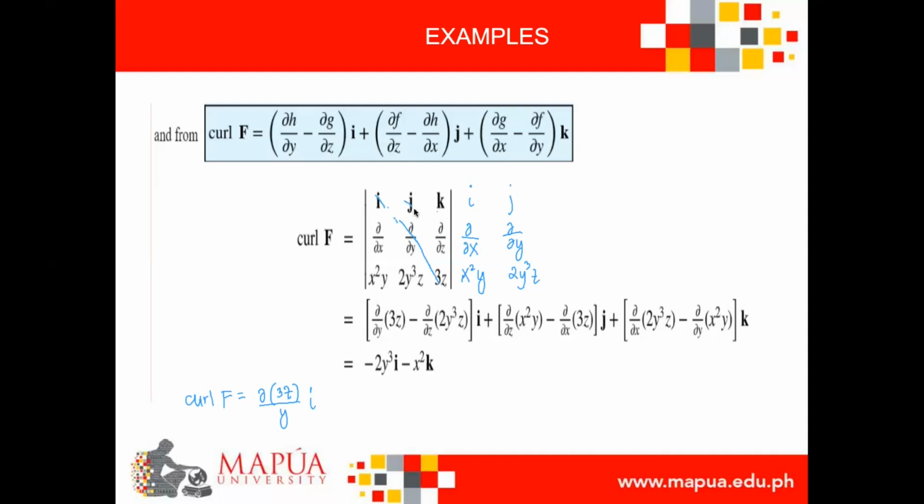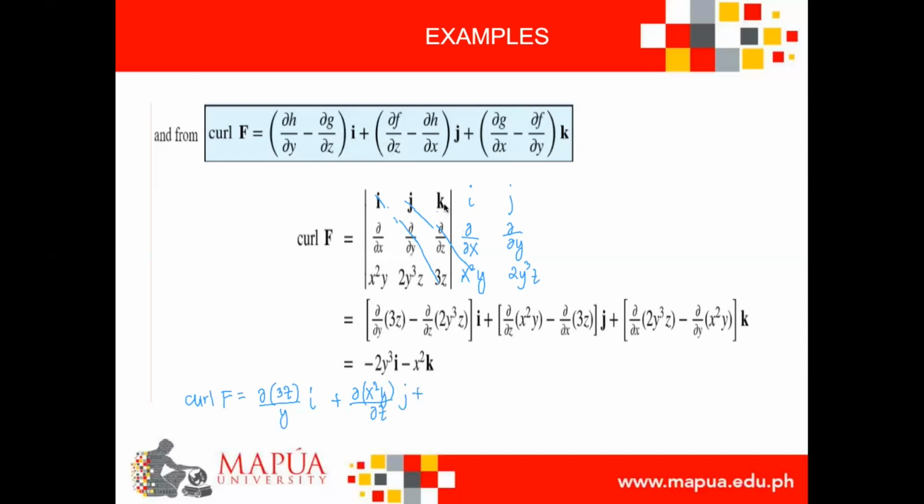Then we have here the partial derivative of the function x squared y with respect to z. Then we write j.